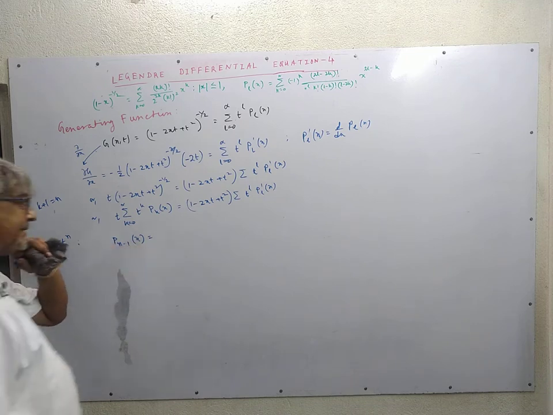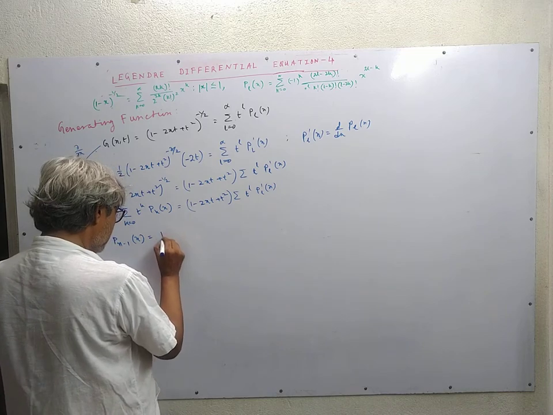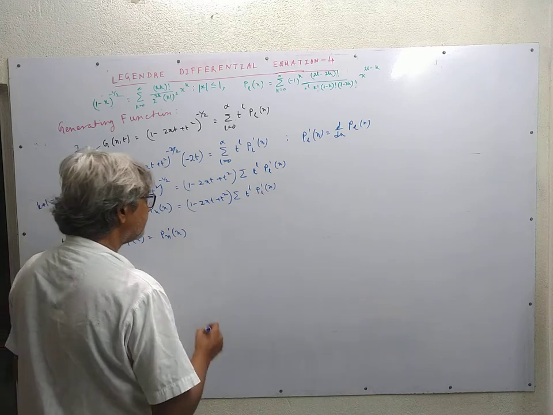On the right hand side it will be P_n prime of x, then this term.